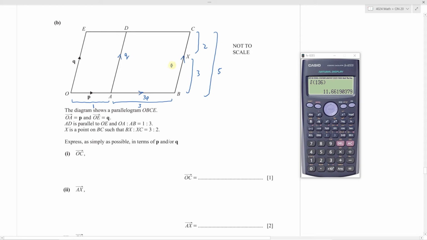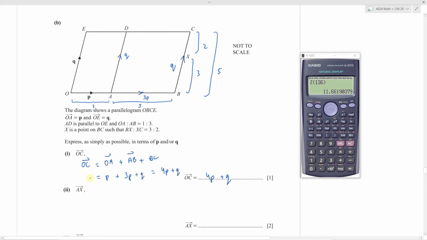So I can write OC as OA plus AB plus BC. This will be P plus 3P plus Q. So this will be 4P plus Q.